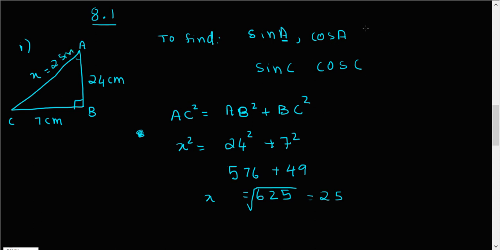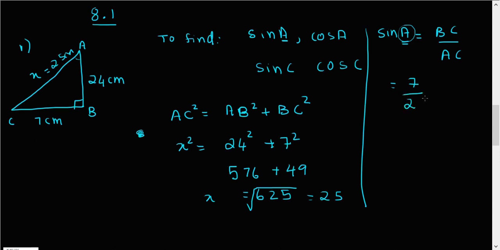Sin A. Sine of angle A. So the side opposite to angle A is BC, by the hypotenuse, that is AC. So that is 7 by 25.